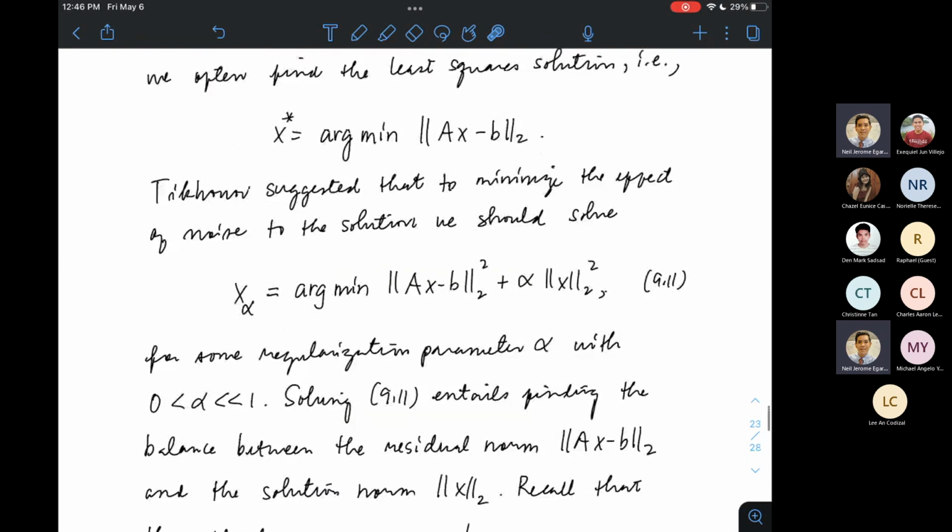Kapag masyadong malaki si alpha, maprepersa ito to go smaller. At dahil naprepersa to become smaller, there's a chance that the residual will become large. So pag masyado namang malaki si alpha, posible namang inaccurate yung result nating makukuha. So we need to strike a balance between keeping the solution accurate and stable with respect to perturbations dun sa right-hand side.